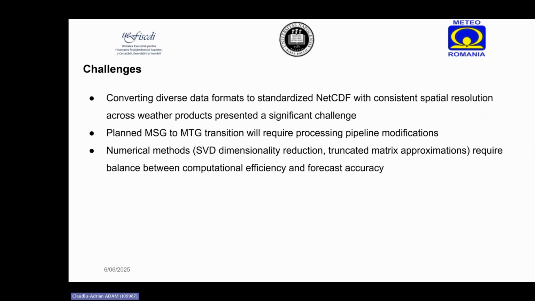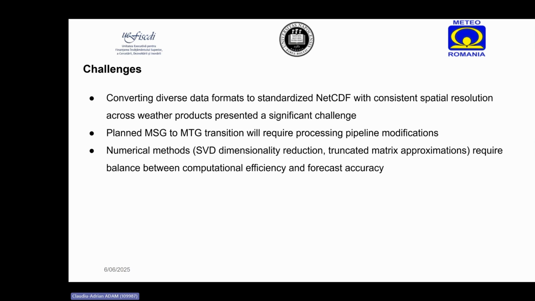For the challenges, as I've said, converting all these data products into the standardized NetCDF format was a bit of a challenge because of the data volume and the efficient steps we had to implement to compute them.